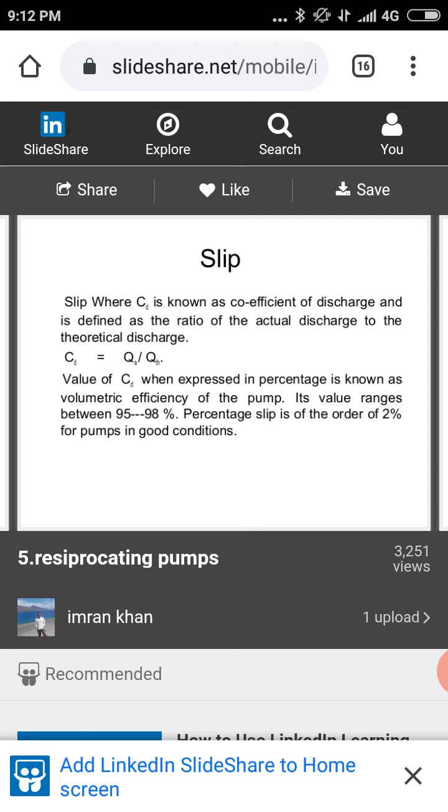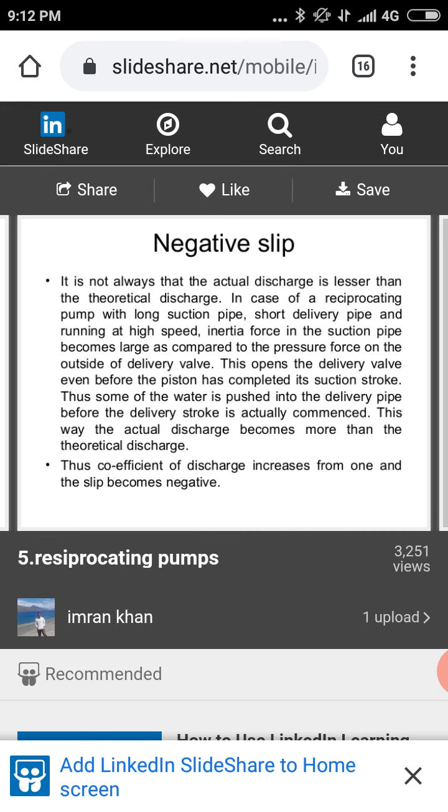The value of C D expressed in percentage is known as the volumetric efficiency of the pump, and its range is 95 to 98%. The percentage slip is in the order of 2% for good pumps in good conditions.